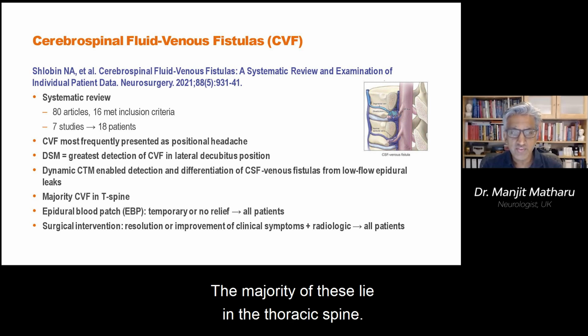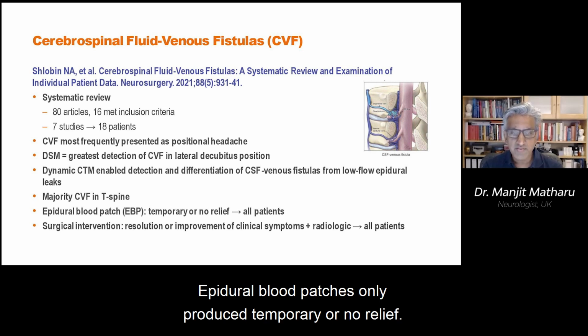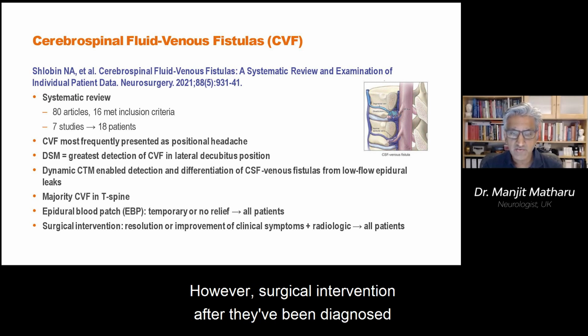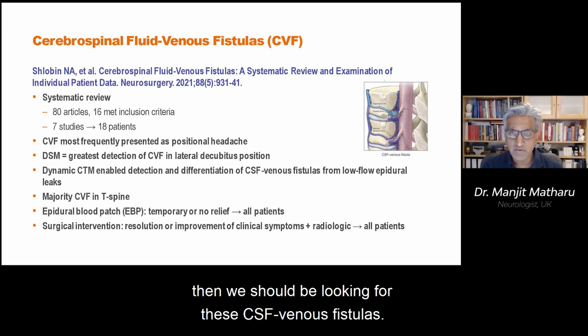The majority of these lie in the thoracic spine. Epidural blood patches only produce temporary or no relief. However, surgical intervention after they've been diagnosed was successful in all of these patients. So we are now increasingly becoming aware that when we cannot identify a leak site, then we should be looking for these CSF venous fistulas.